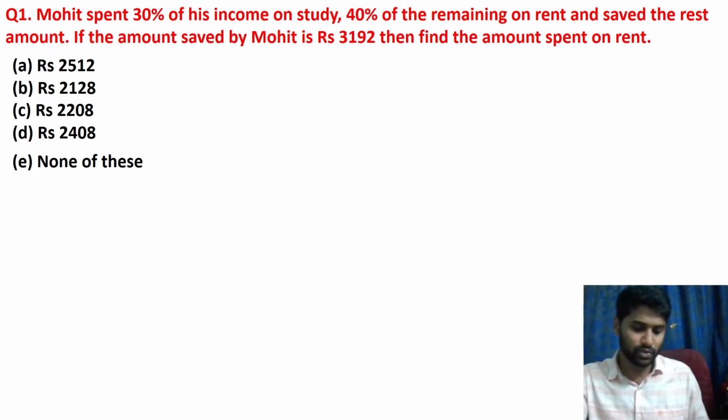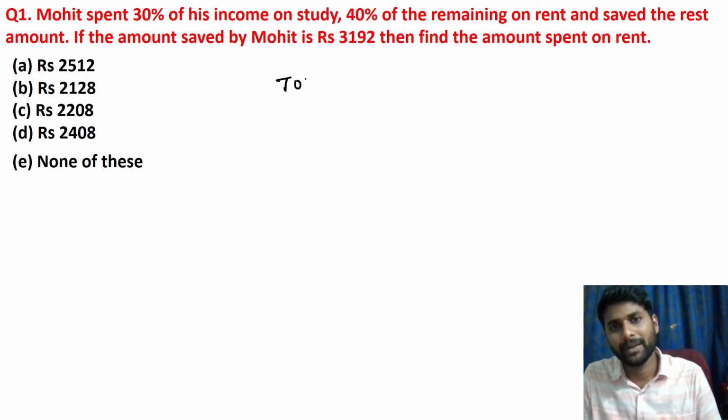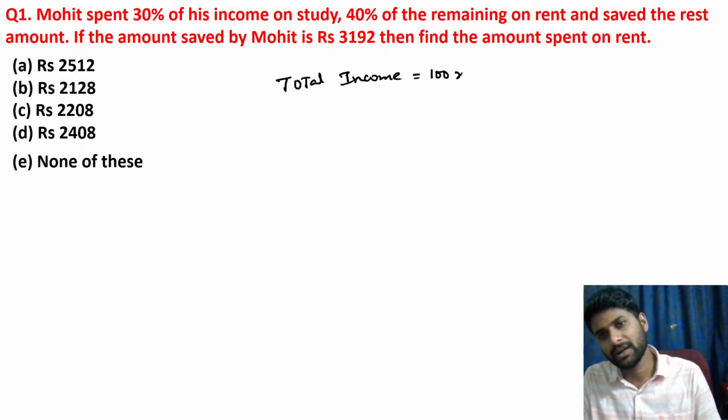Since the question is related to percentage, we have to assume one value. My suggestion is to assume a multiple of 100. For better calculation, I assume that the total income is exactly equal to 100x.